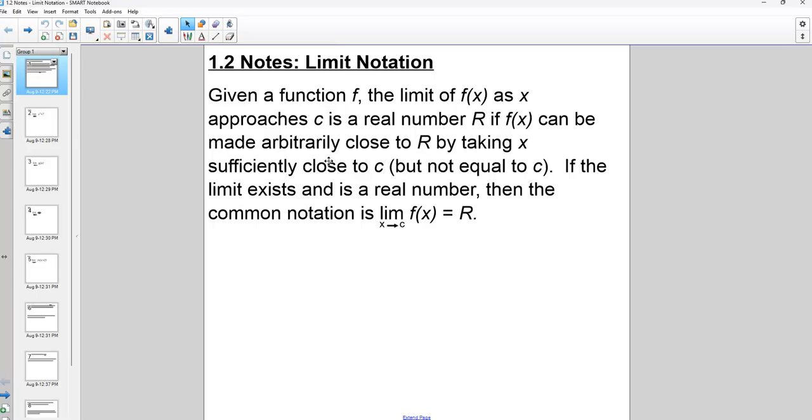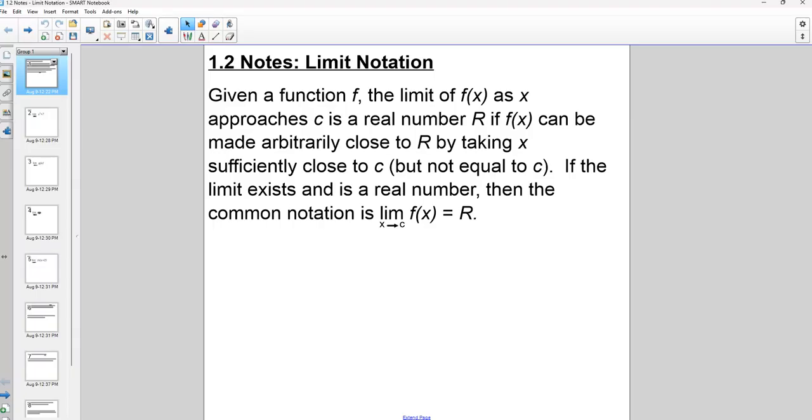Unit 1 of AP Calculus is limits. You have seen limit notation a little bit, but we have not looked at it in great detail. So we are going to just talk about notation today.